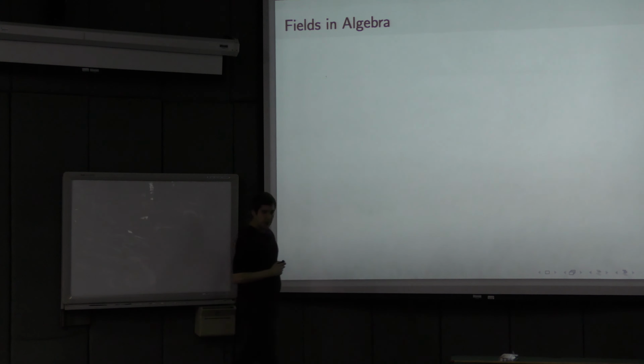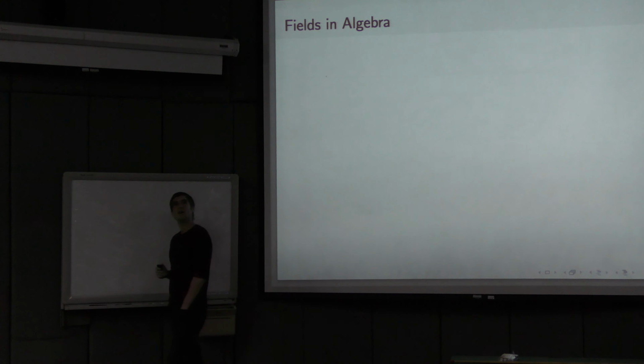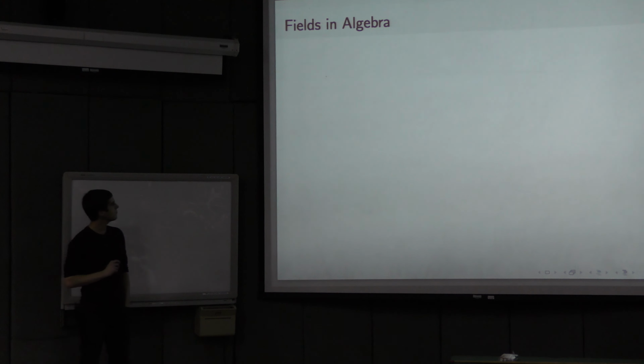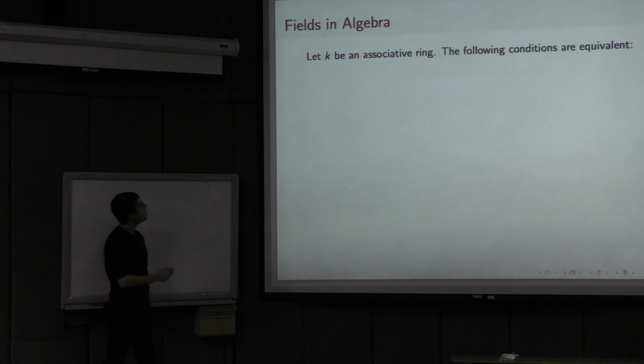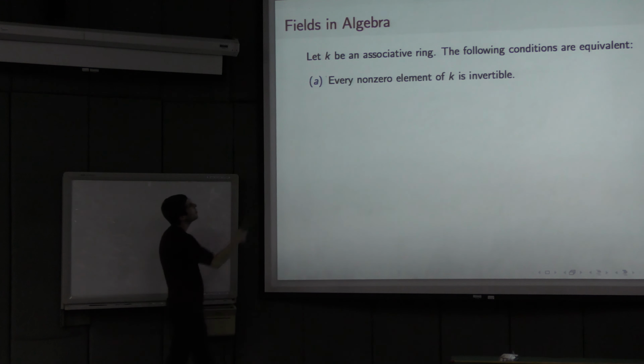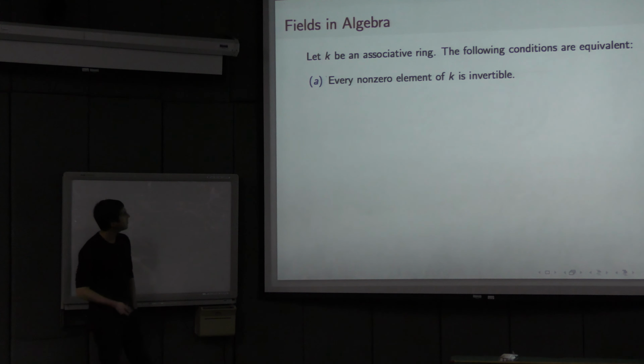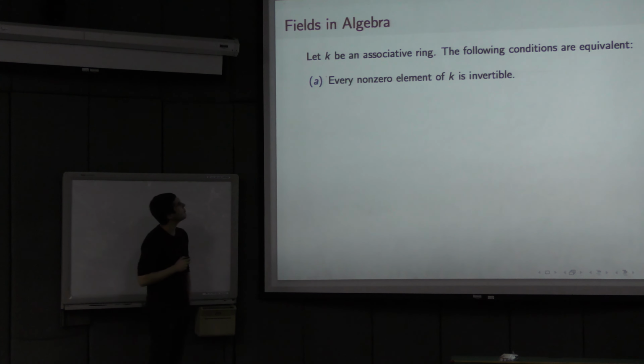Okay, so the easiest example of associative rings we talked about yesterday a little bit are fields. So let K be an associative ring. Recall that the following statements about K are equivalent. We can demand that every non-zero element of K is invertible.